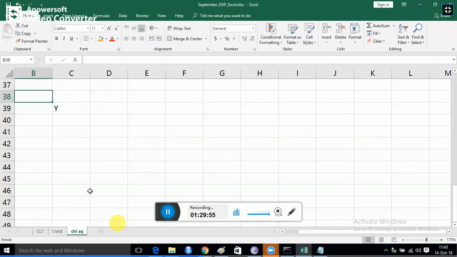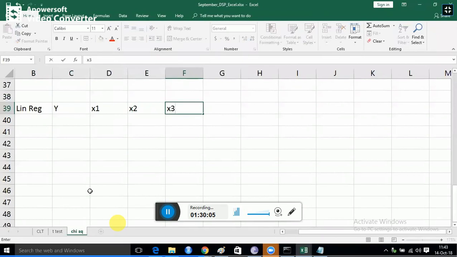If I have a y variable in linear regression, for example, and I have a lot of x variables here, x1, x2, x3, and so on. These are the other columns of your data, and this is your y variable which you're trying to predict.